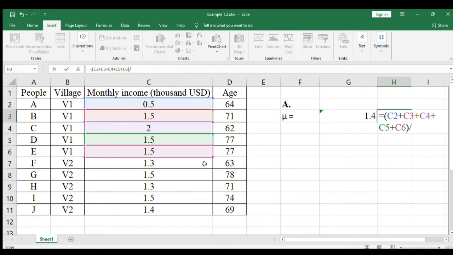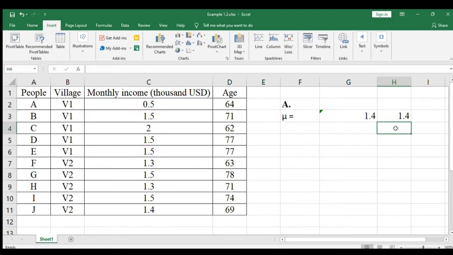So you divide it by 5, hit enter, and you get the same result, $1,400 per month.